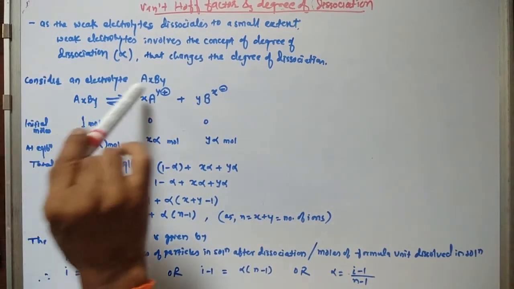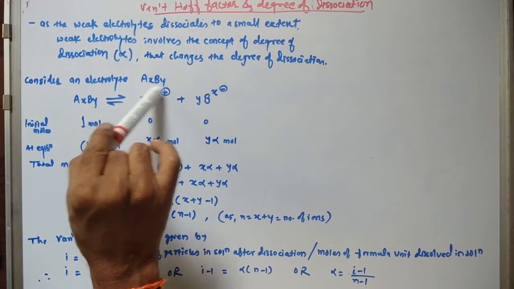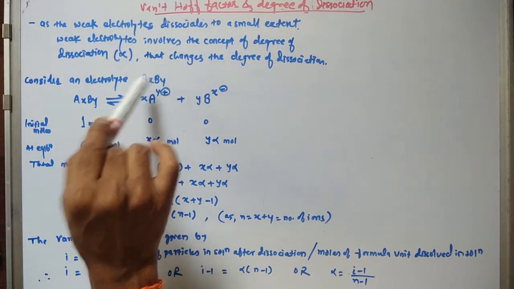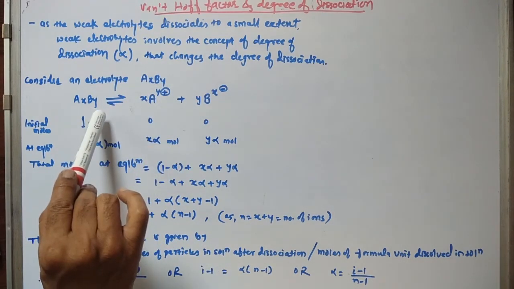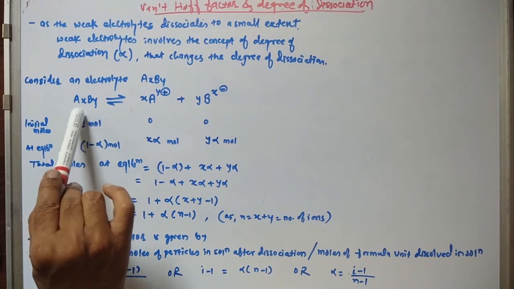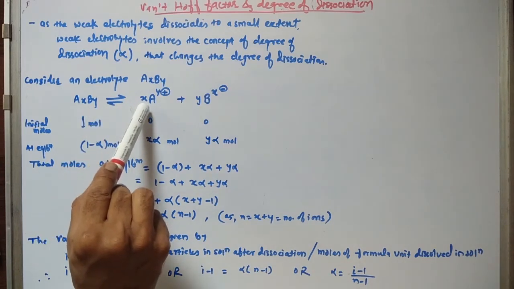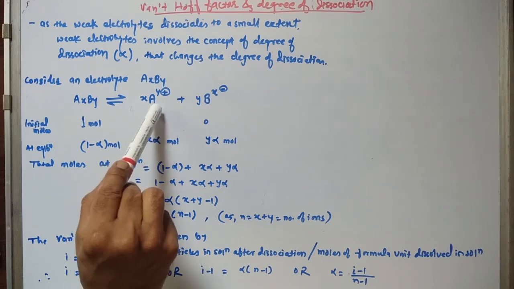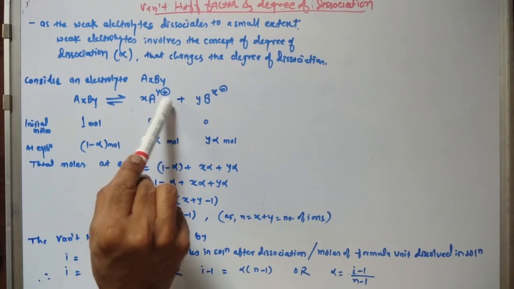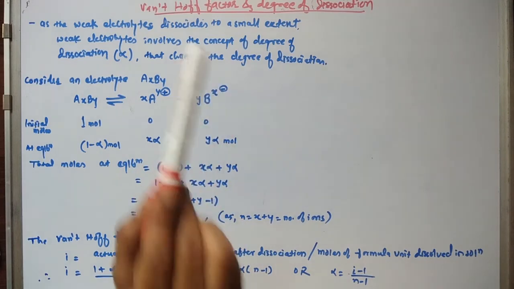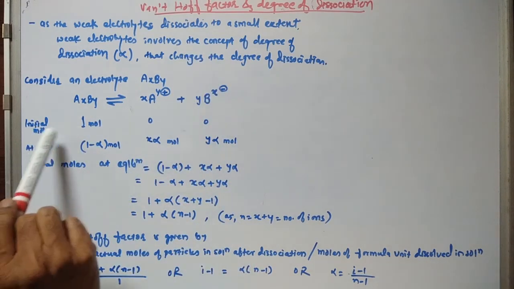Now consider AxBy. It is a weak electrolyte and it dissociates in its aqueous solution as AxBy. It dissociates to give x moles of A^y+ and y moles of B^x-.